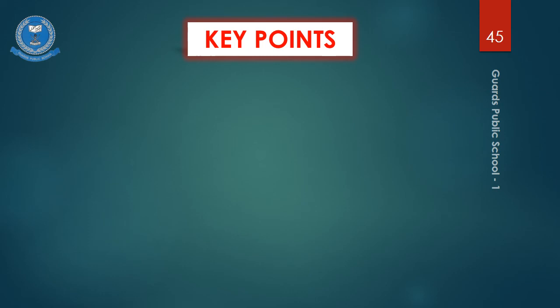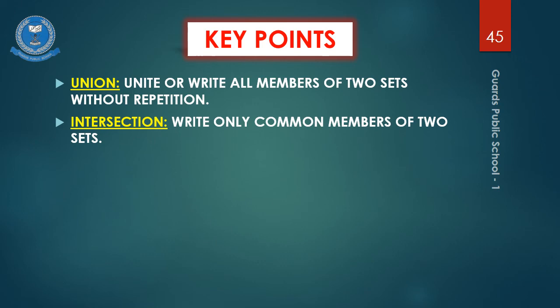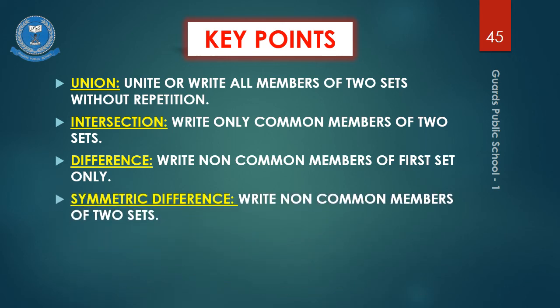Key points: union means unite, or write all members of two sets without repetition. Intersection means write only common members of two sets. Difference means write non-common members of the first set only. And symmetric difference means write non-common members of two sets.